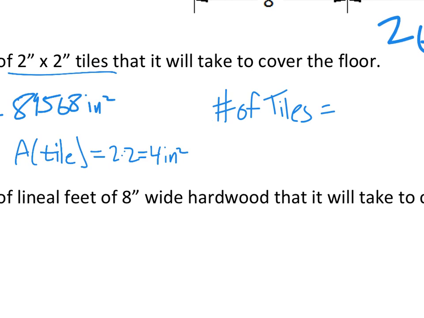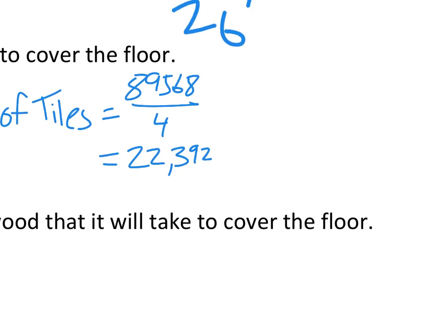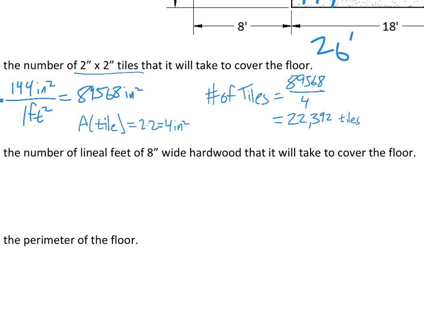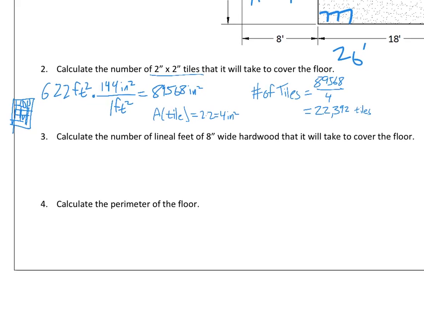No, we're not tweeting the tiles. 89,568 divided by 4. So we're going to need 22,392 tiles. That's a whole lot of tiles. Usually these kinds of tiles would come bundled together, like in a big square that's made of several tiles, but that's the idea.